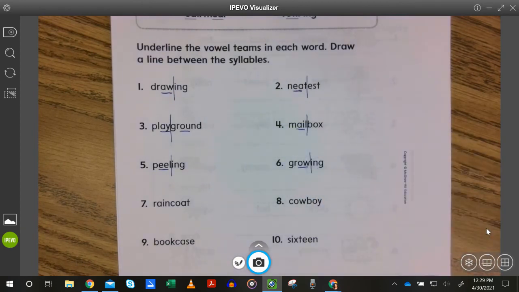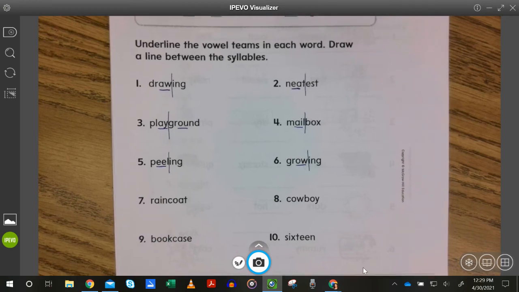Grow-ing, growing. 7, 8, and 9 are all compound words as well. So I want you to find the vowel teams, underline those vowel teams, and then put the syllable break between the two words. Number 10 is a compound word of sorts as well. It's a number word. There is a vowel team, and you can break apart the two chunks here as well.